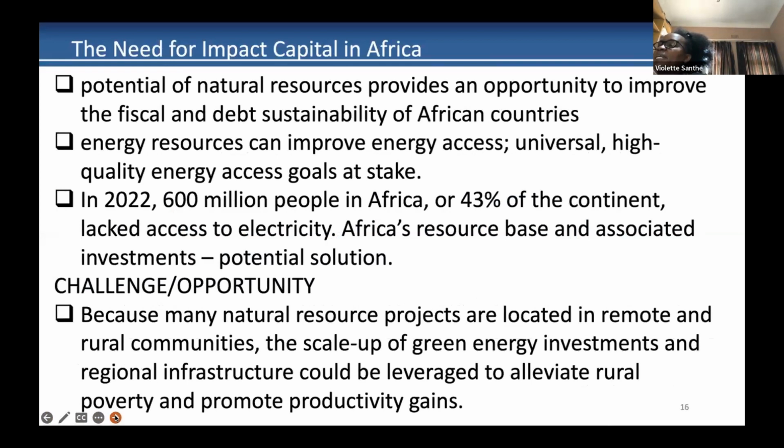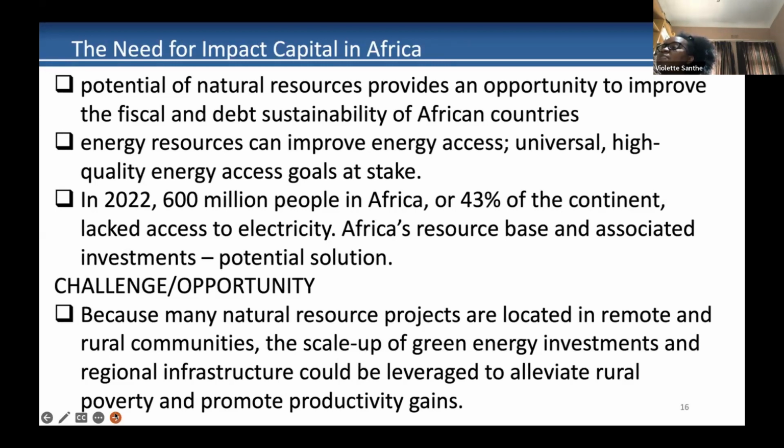Now I want to look at the impact capital in Africa, the impact capital which startups and project developers can access. Harnessing the potential of natural resources provides an opportunity to improve the fiscal and debt sustainability of African countries. Tapping into energy resources can improve energy access.